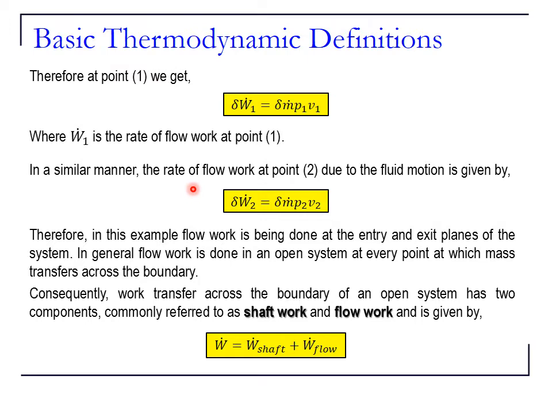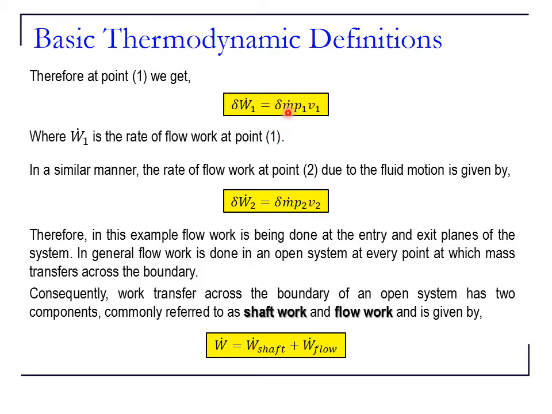Now we can write the equation like that, and we're going to put dots on top of the work done, and also on top of the mass, the mass flow rate. Because we put a dot on, this is actually the rate of work transfer, and the unit for that will be watt.